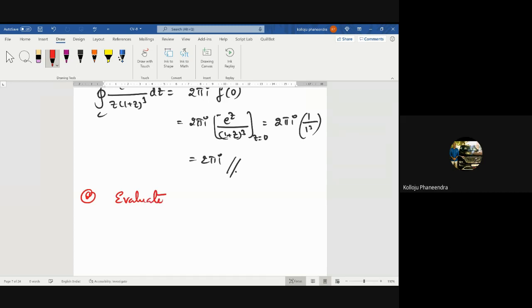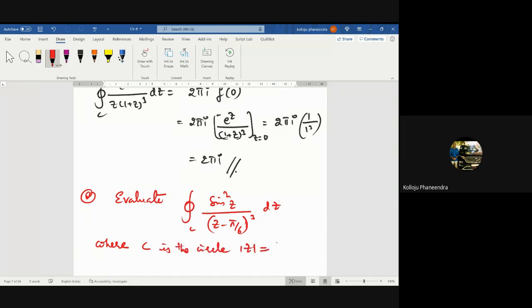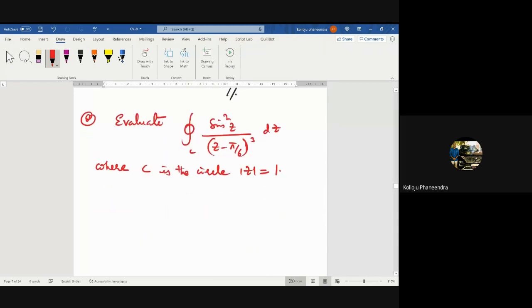Next, evaluate. Now see this problem. Integral over C of sin^2 z by (z - π/6)^3 dz, where C is the circle |z| = 1. Solution. Here, don't declare f(z) first.